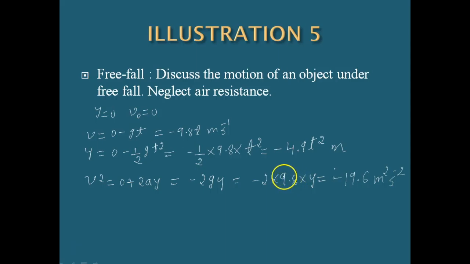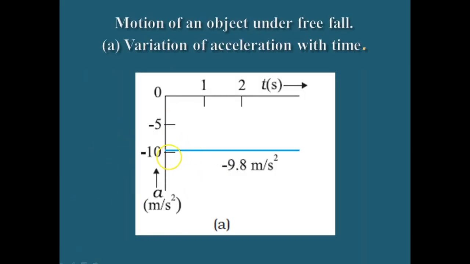These equations give the velocity and the distance traveled as a function of time, and also the variation of velocity with distance. The variation of acceleration, velocity, and distance with time have been plotted in these figures. So the first figure is the variation of acceleration with time. In this we can see for a freely falling body how the acceleration varies with time.